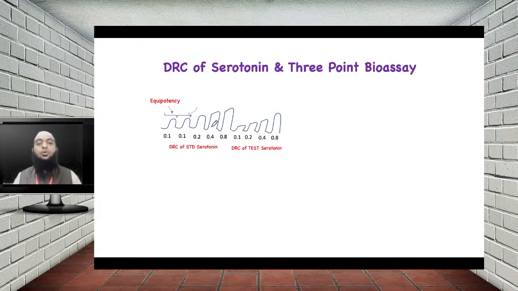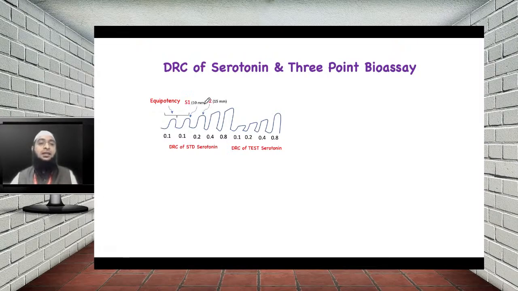Now the third stage is the selection of the 2 standard doses in the ratio of 1:2 and 1 test dose that falls in between S1 and S2. We are done with the second step, the DRC of the test serotonin. Now the third step is the selection of the 2 doses of the standard. Since there is very good gradation between 0.1 and 0.2, we'll select 0.1 and 0.2 as S1 and S2.